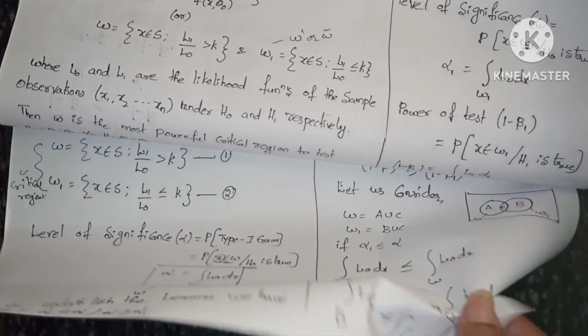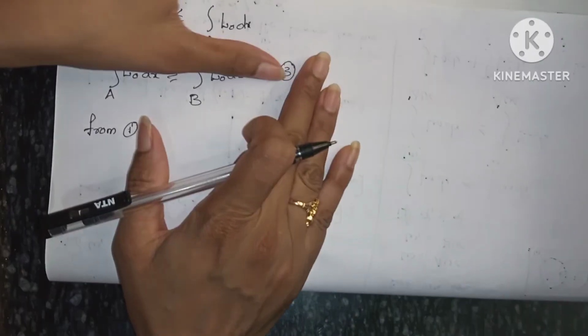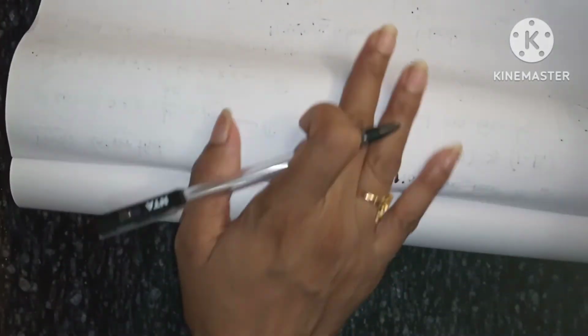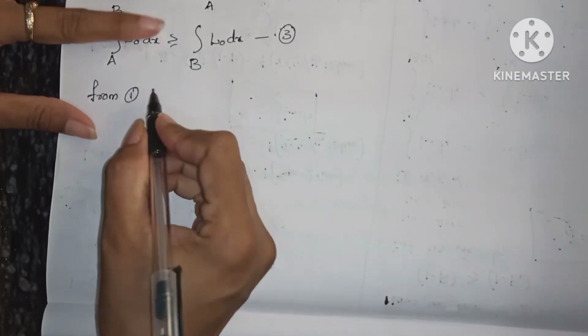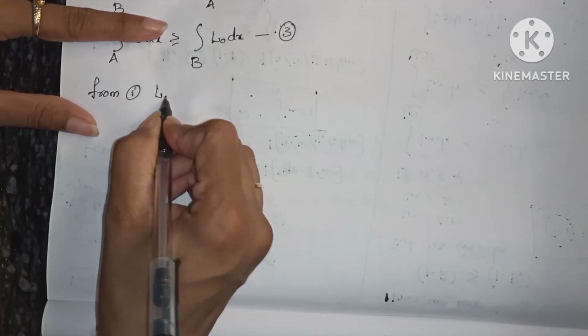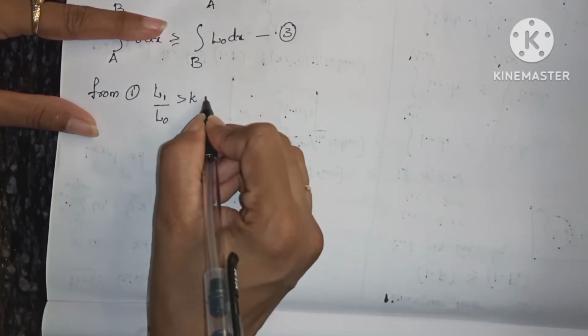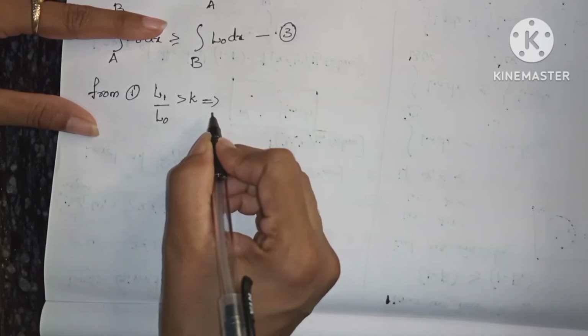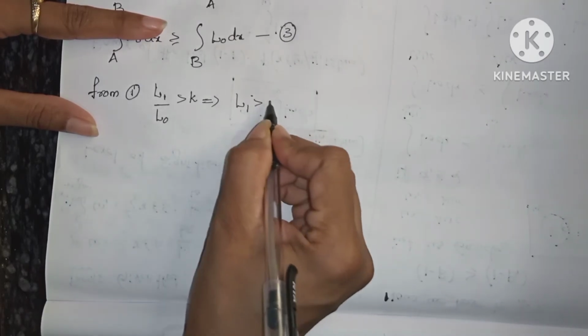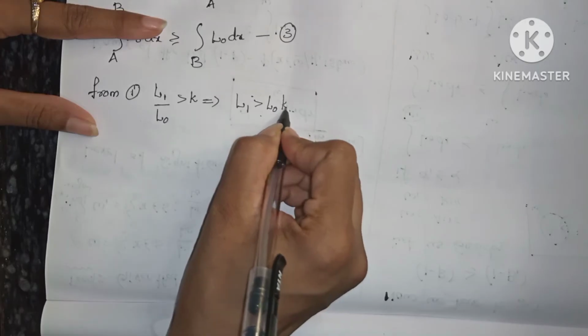So from equation 1, L1 by L naught greater than K, that implies L1 greater than L naught K. Okay.